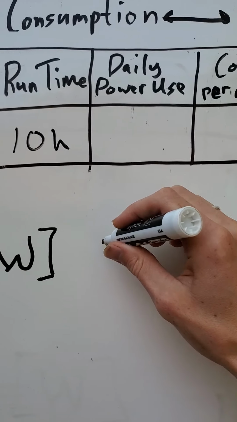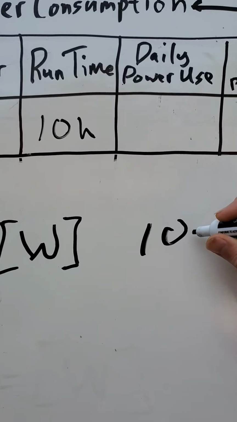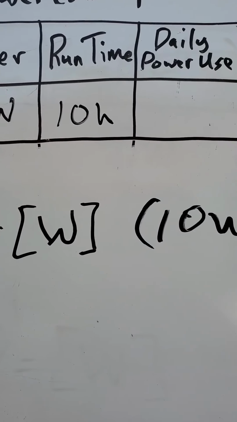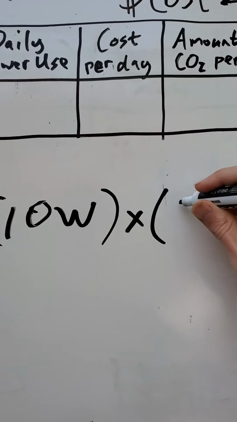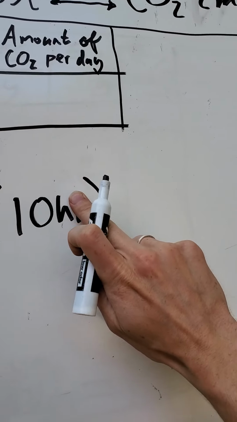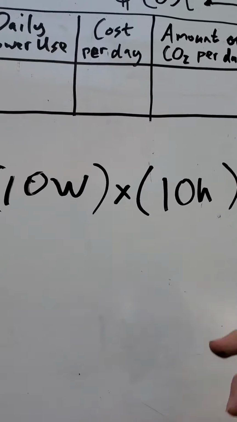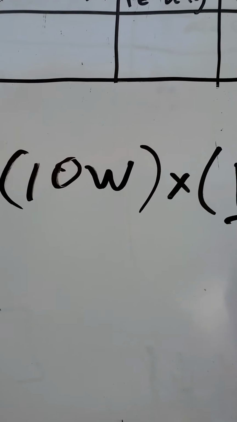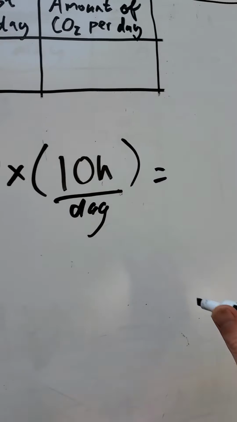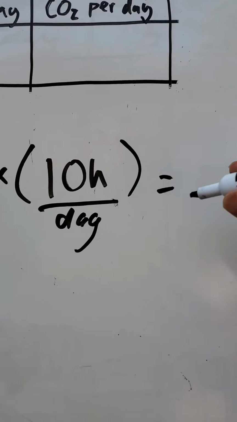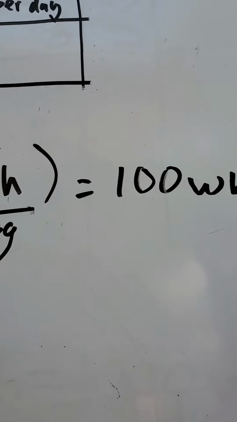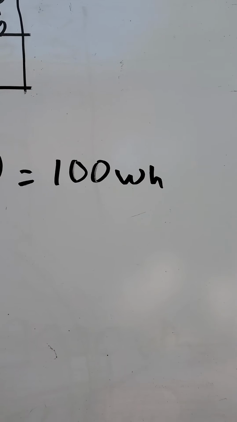We have a 10 watt bulb, and we use it for 10 hours per day. All right, so 10 hours per day. So that is going to give us a total of 100 watt hours. We multiply those together. Now we have 100 watt hours each day.